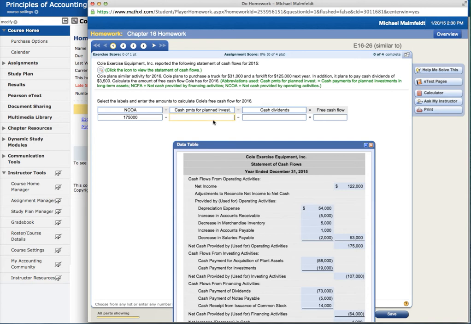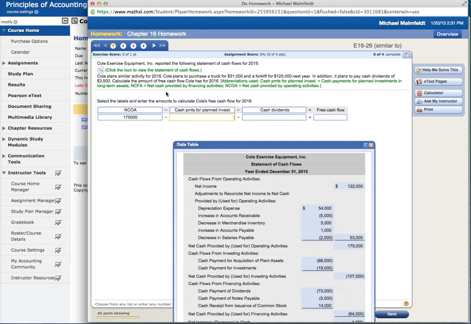Next, we have cash payments for planned investments. One more thing here. This question is trying to get to the free cash flows for 2016. The key part in this question that helps us do that is that these are the numbers from 2015, and it says here, Coal plans similar activity for 2016.